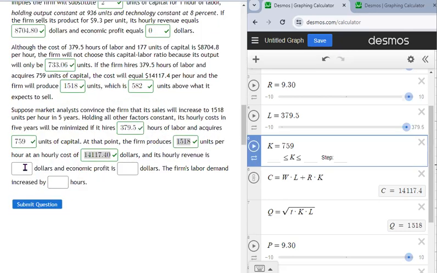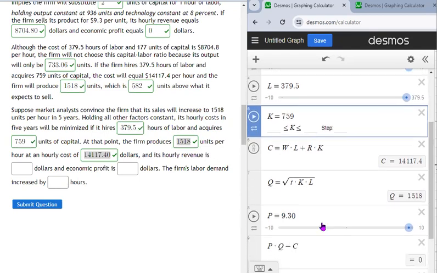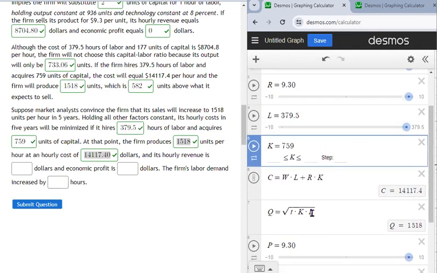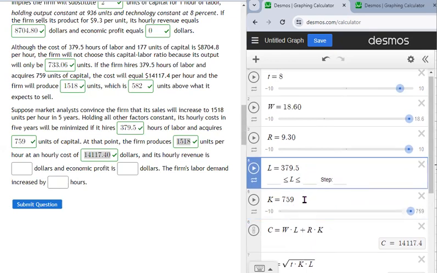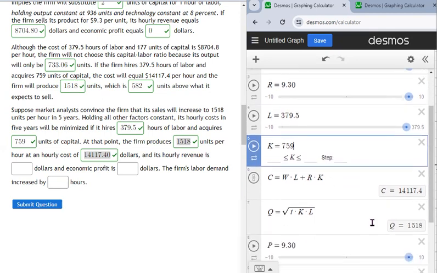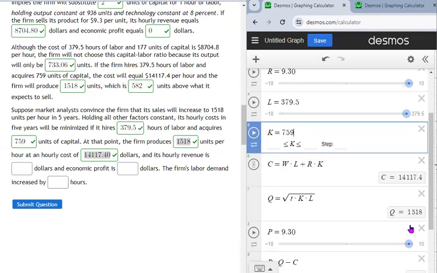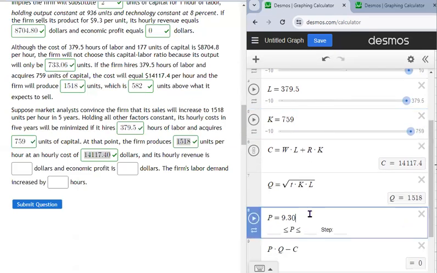Its hourly revenue did what? We're holding the price constant, right? Let's see. We have labor at 379.5, capital at 759. The cost is $14,117.40. Output's 1518. We're holding the price constant.